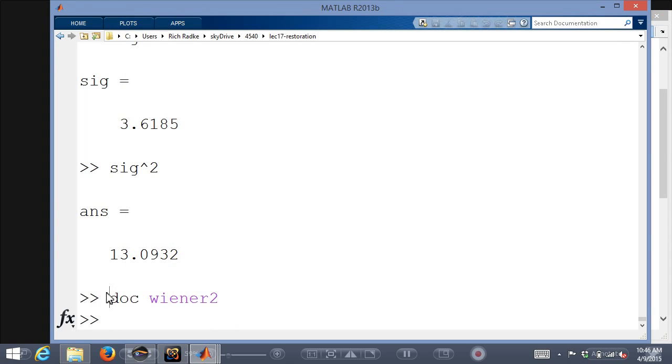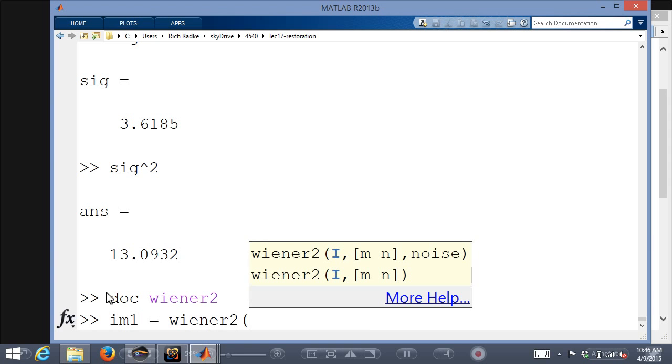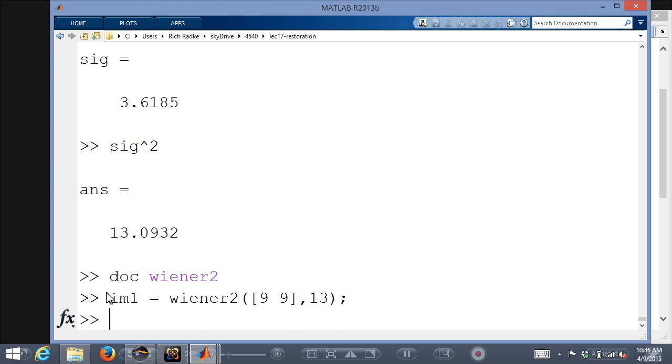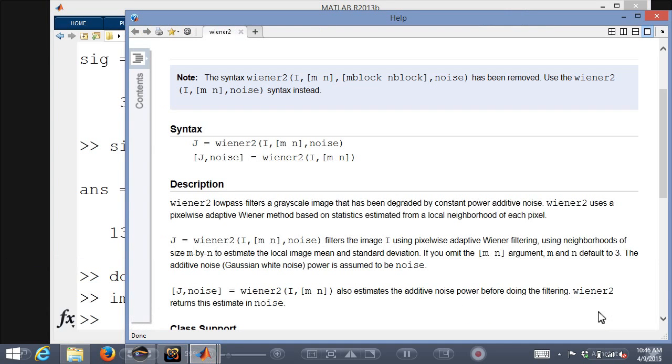Let's just apply this to my moon image. I've got my noisy image. Again, I don't have the original image, so let's take my new image and apply this with, say, 9 by 9 blocks. And then I believe I have to supply the variance of the noise, which I'm going to say is 13. Let's make sure I did that right.